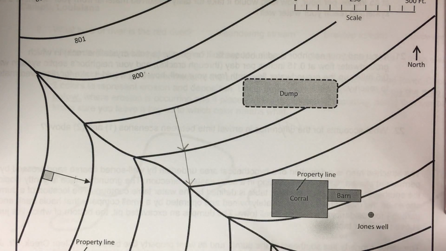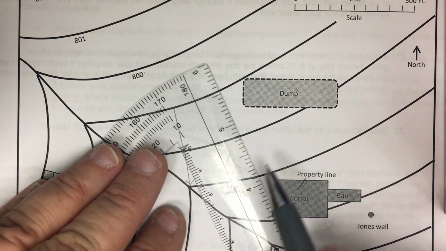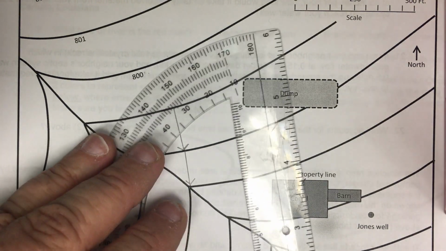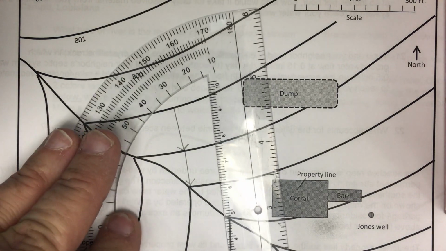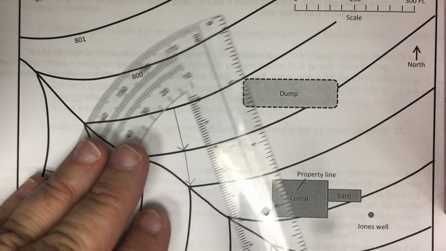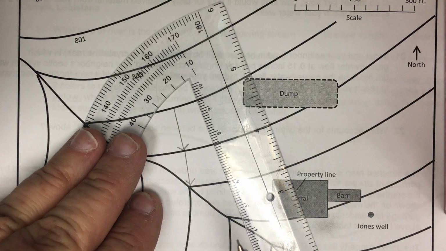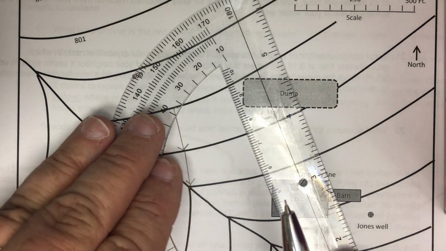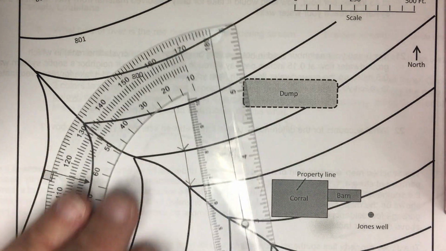So in order to figure out seepage from the dump, one of the biggest errors I see is people try to draw flow lines from the dump. We're not concerned with the building or the property here. We're concerned with the groundwater. So you want to draw a few around this to see where the water is going.